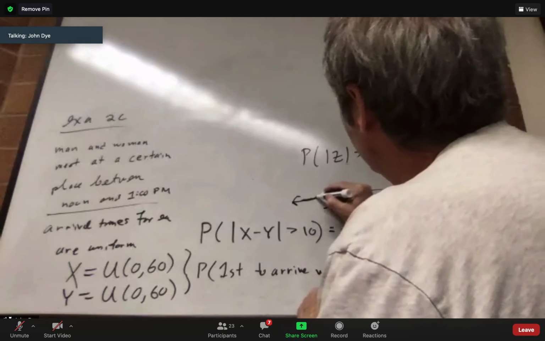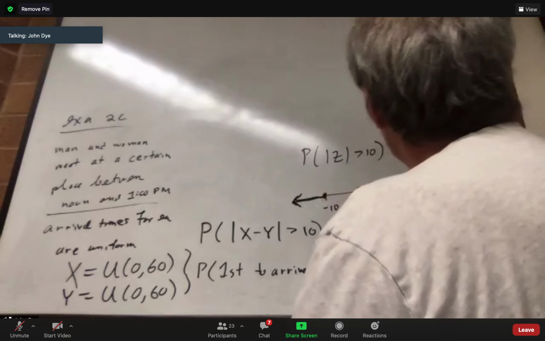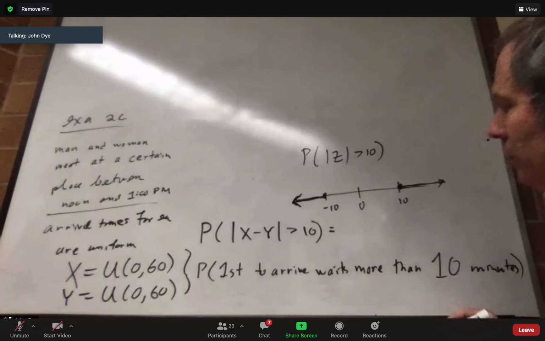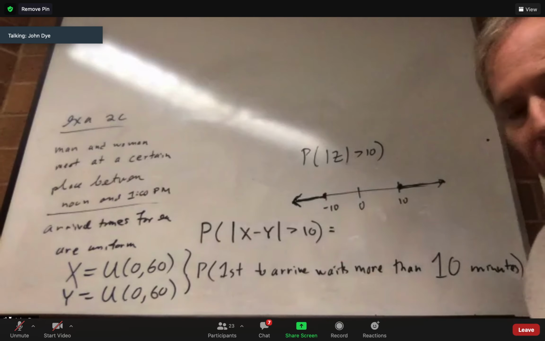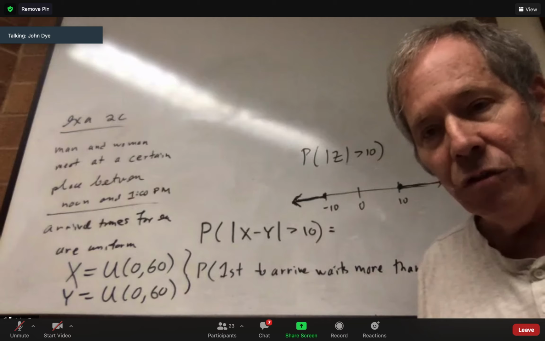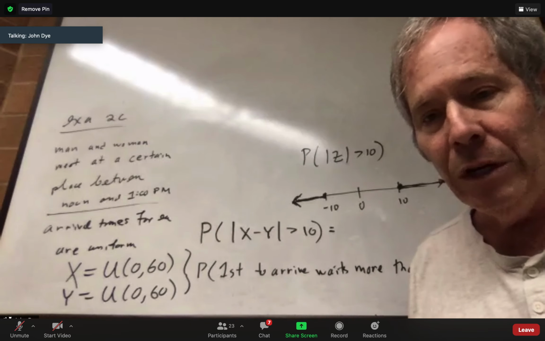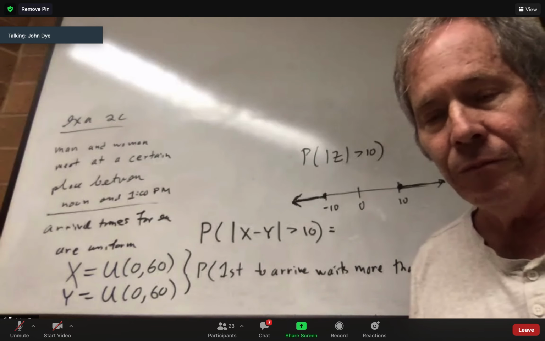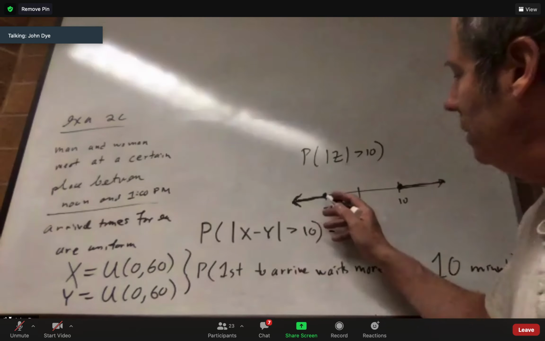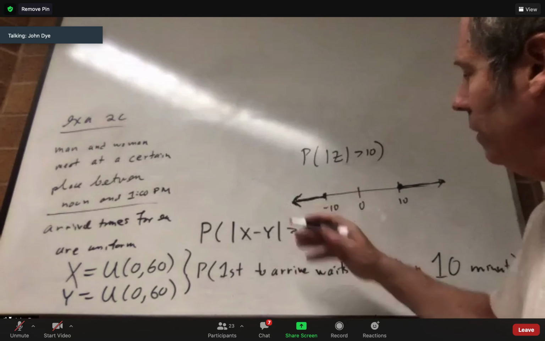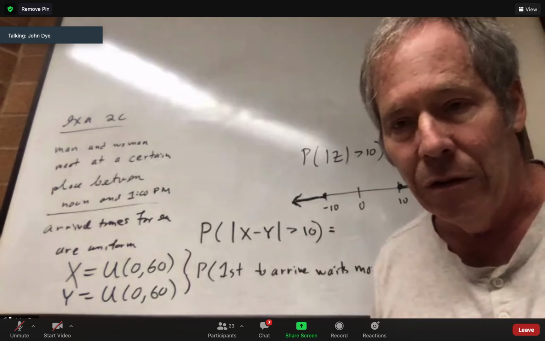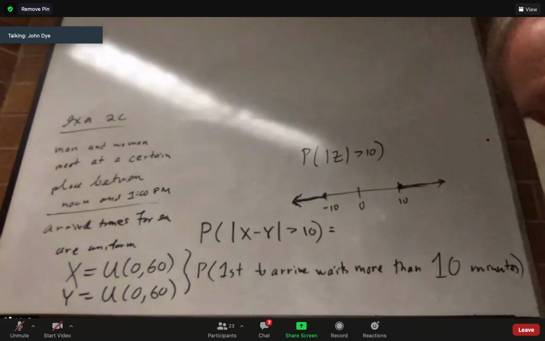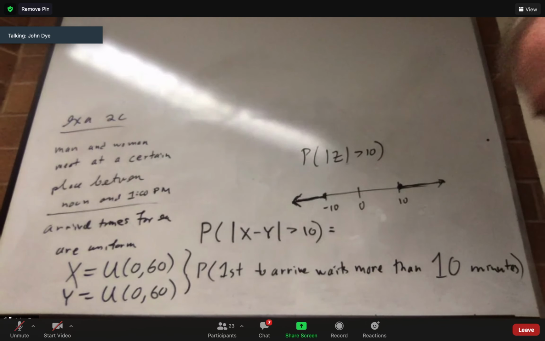So let me draw that bold. So really when you have an absolute value which is greater than something, you're dealing with two cases. Whatever we do in one of these cases, we'll multiply by 2, okay? This is how we handle the absolute value.